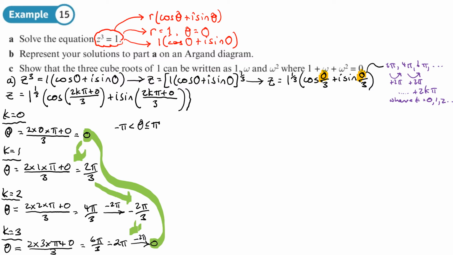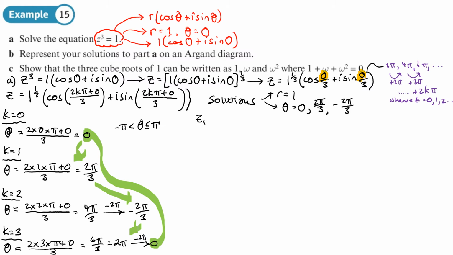So my solutions, let's go over here and put my solutions down. My solutions all have a modulus of 1, because that's just the cube root of 1. And I have 3 distinct arguments: 0, 2 pi over 3, and negative 2 pi over 3. Okay, so let's write our solutions. Let's call them Z1, Z2, Z3.